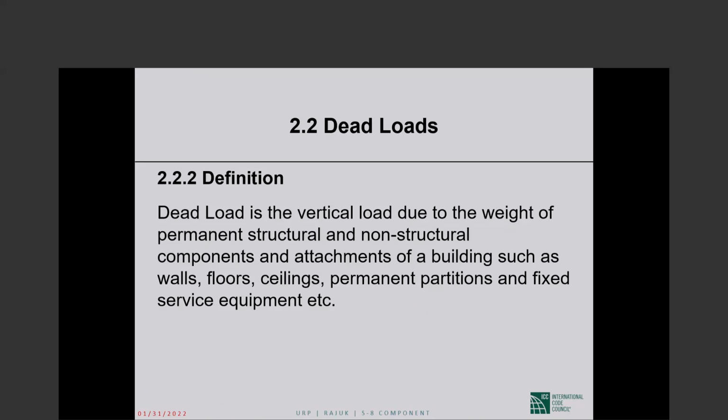Dead loads, by definition, dead load is the vertical load due to the weight of permanent structural and non-structural components and attachments of a building, such as walls, floors, ceilings, permanent partitions, and fixed service equipment, etc.